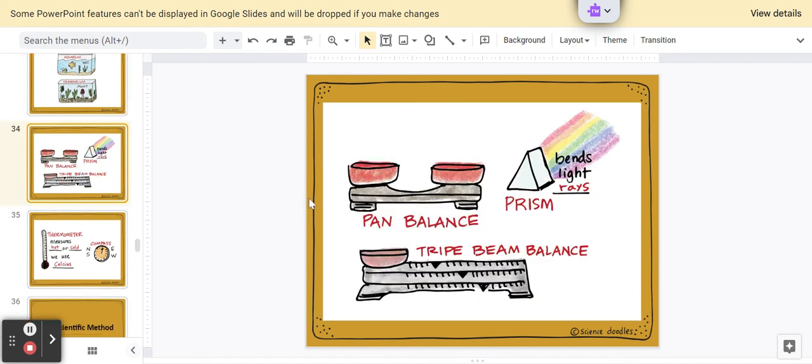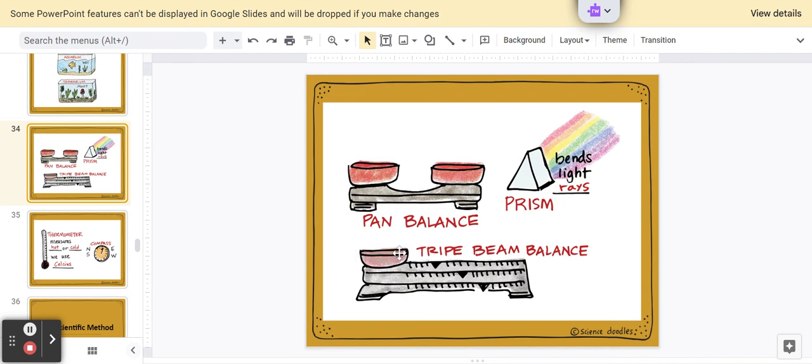Our next set of tools is a pan balance. So when you put materials in, this side will go up. It's kind of like a teeter-totter. So in order to get both sides to balance, the weight has to be the same. This is a triple beam balance, and you will be using this as part of your station.